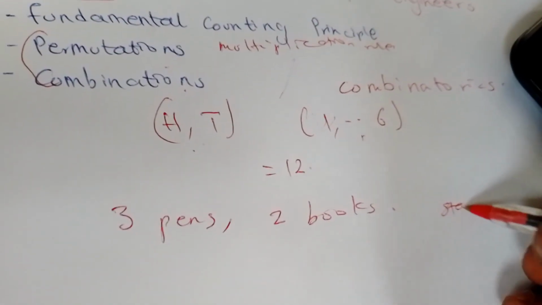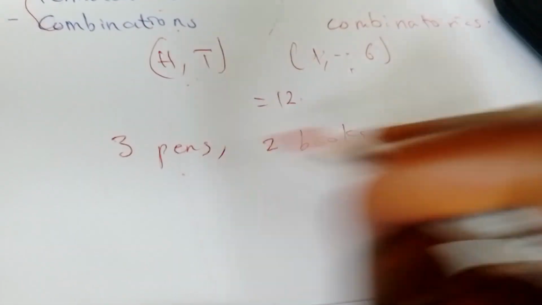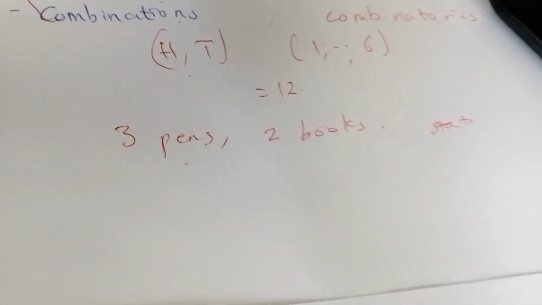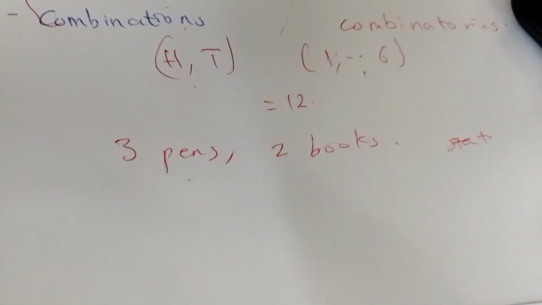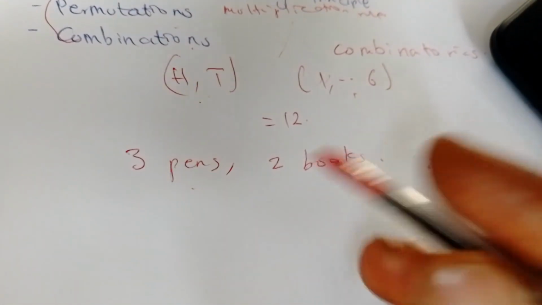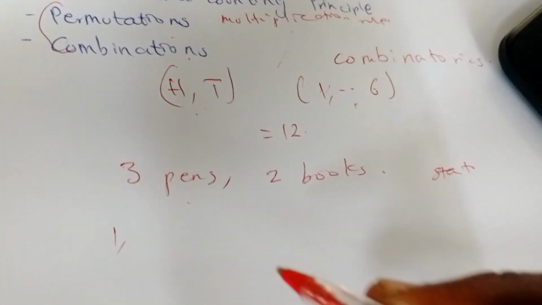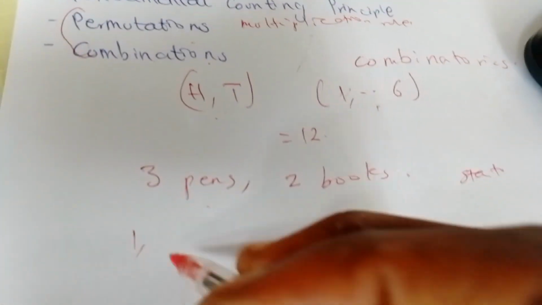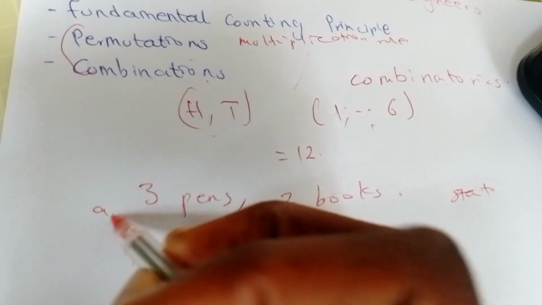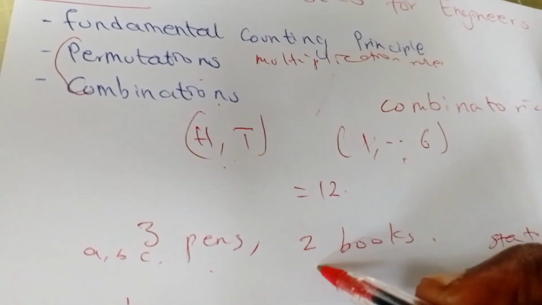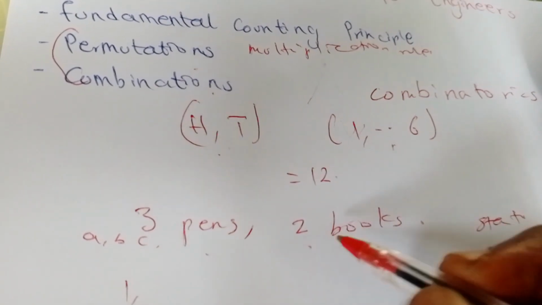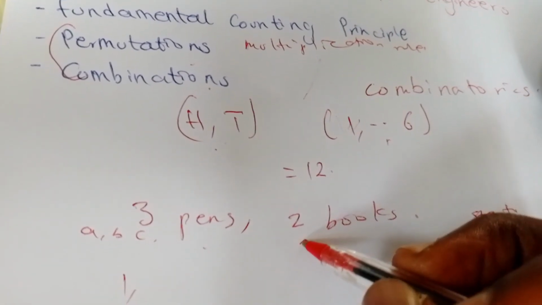I'm just limiting the stationery to pens and books. So let me label them for you. Let's say your pens are called A, B, C, and your books are called X and Y.